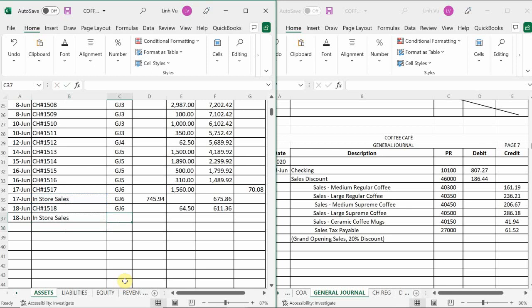It was some in-store sales. We started a new general journal. Okay.